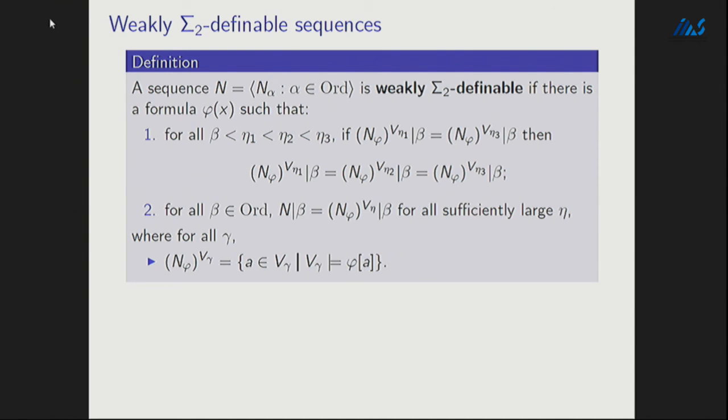So a sequence of sets is weakly sigma 2 definable if there's a formula phi with the following properties.